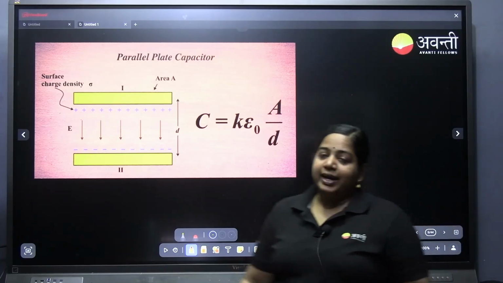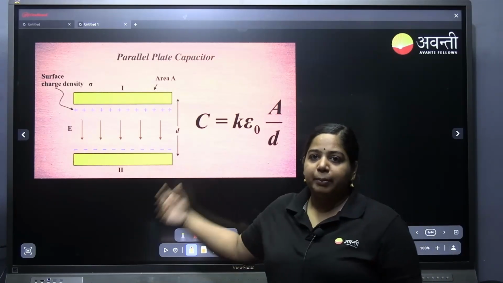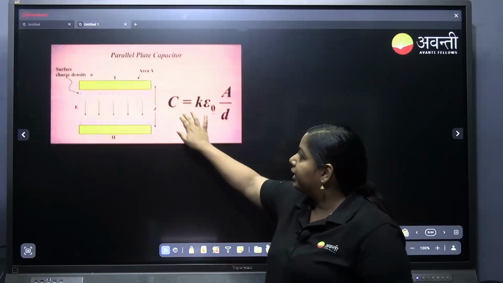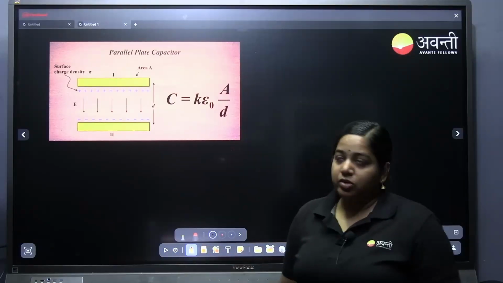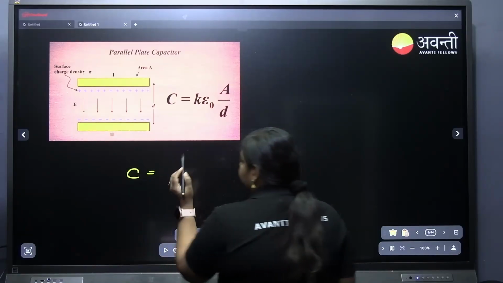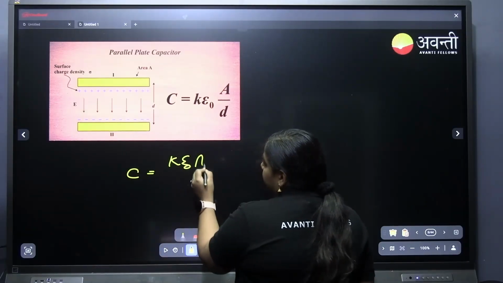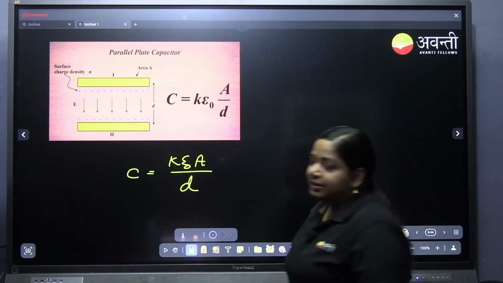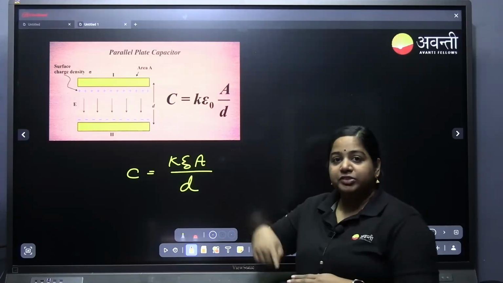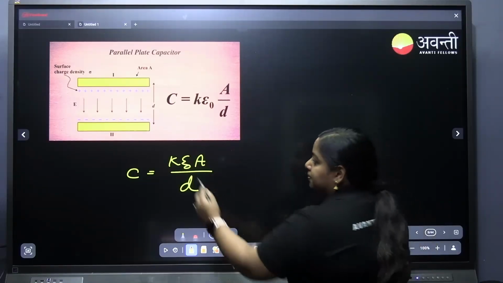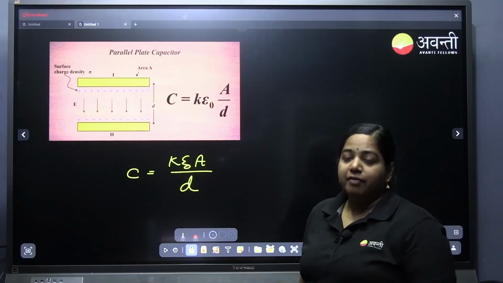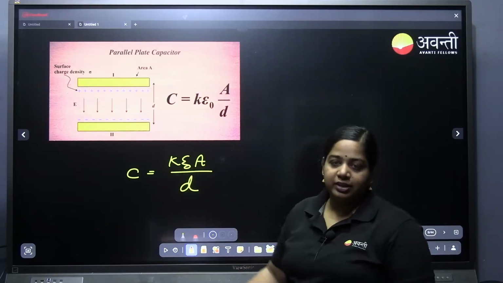Next thing is the parallel plate capacitor. This is the capacitor we will be using most, and solving questions based on. For a parallel plate capacitor, capacitance equals K epsilon naught A by D. In this, A is the area of the parallel plate, D is the distance of separation between the 2 plates, epsilon naught is the permittivity of vacuum, and K is the dielectric constant.